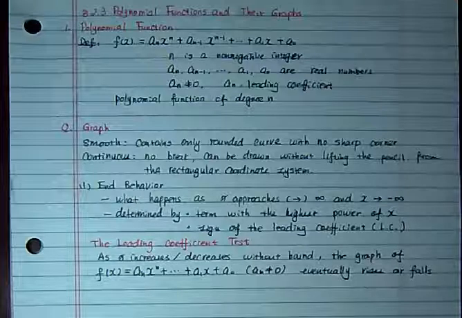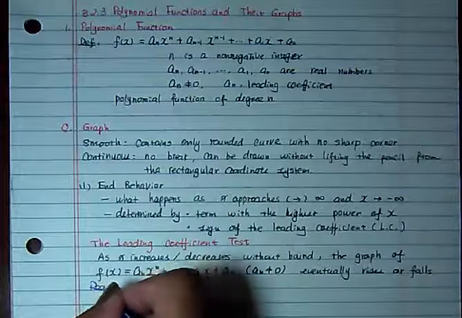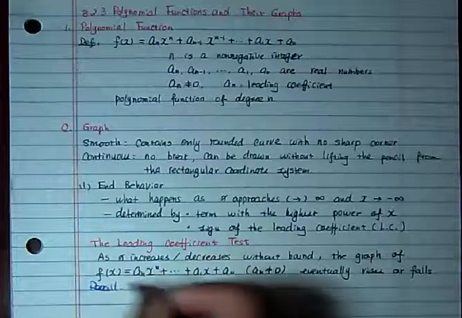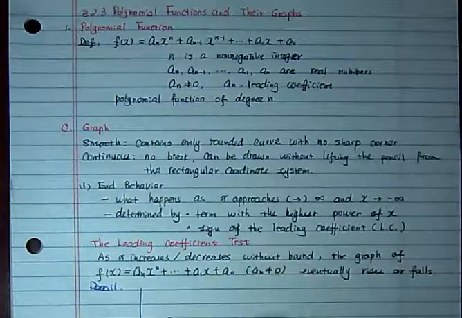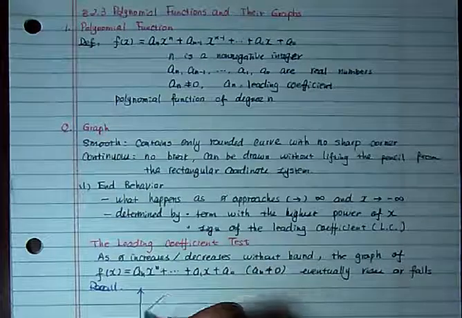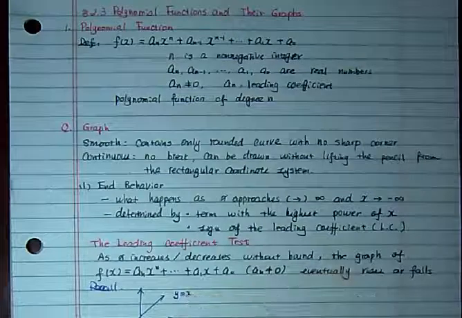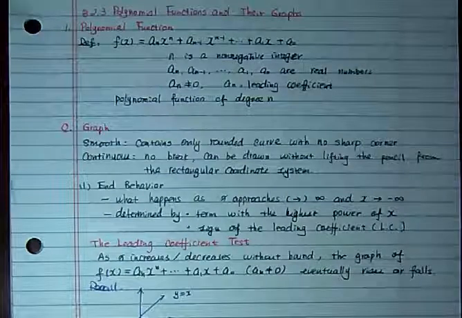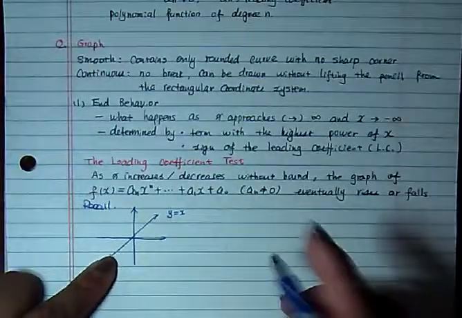Let's recall something before I give you the fact. If we think about the linear functions we learned in the past several sections, y = x, you have the left side falls, right side rises.